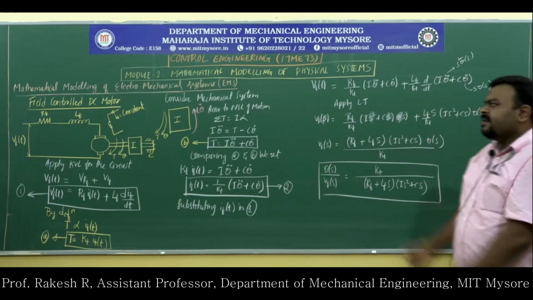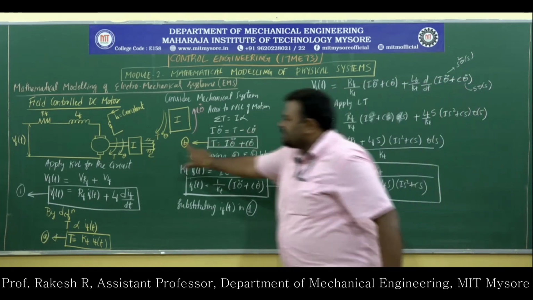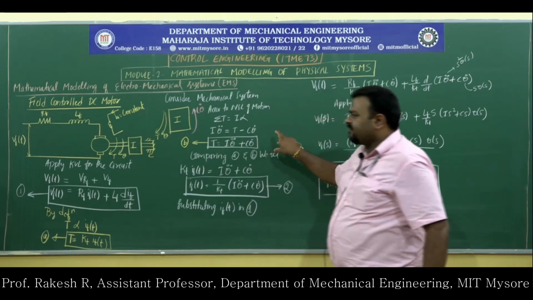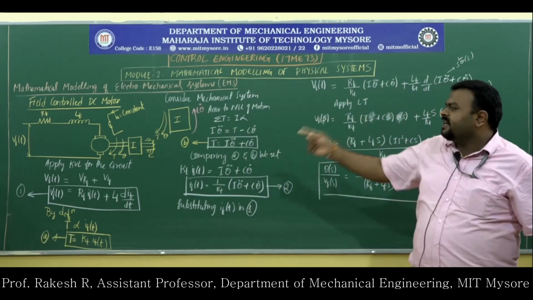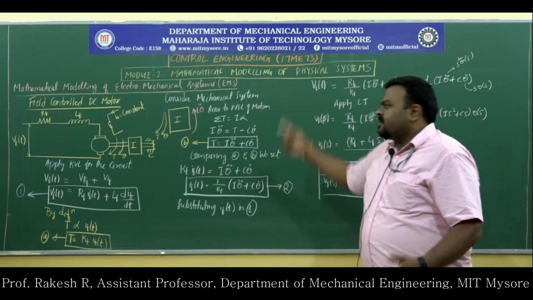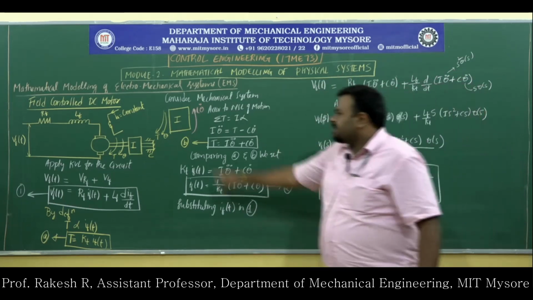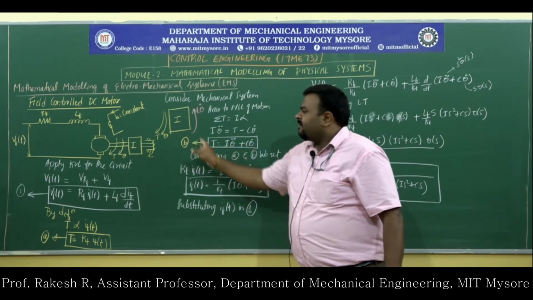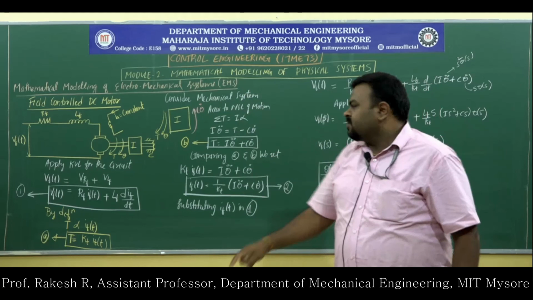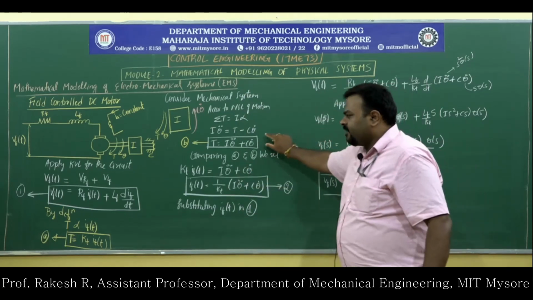Then after that, we considered the mechanical system. In the mechanical system, we deduced the expression of the torque by writing the free body diagram of the mass with respect to torque and C. So we have deduced the torque across the I, T and theta. What is the opposite restoring torque? It is C theta dot. Then after that we got an expression for torque here.